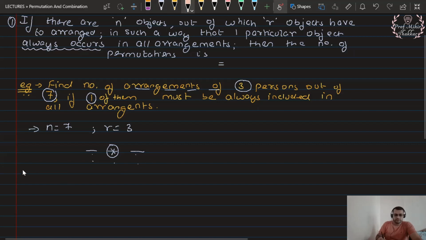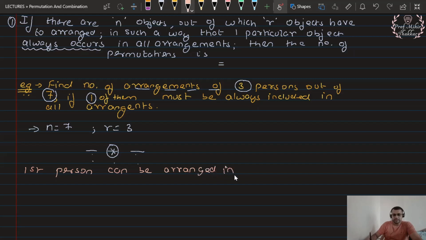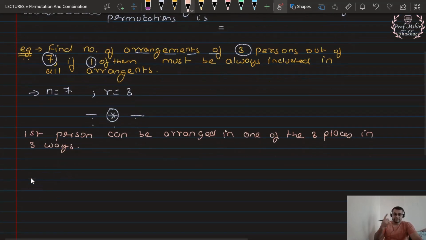So I say over here, first person can be arranged in one of the 3 places in 3 ways. After that, initially there had to be arrangements of 3 persons, but because the first person is already arranged, I have to subtract 1 over here.